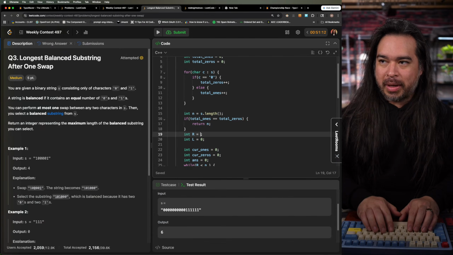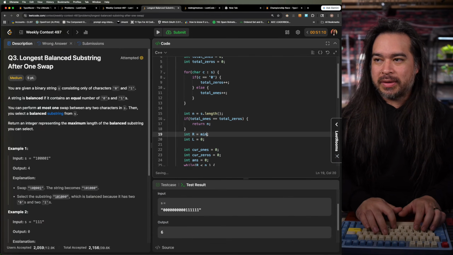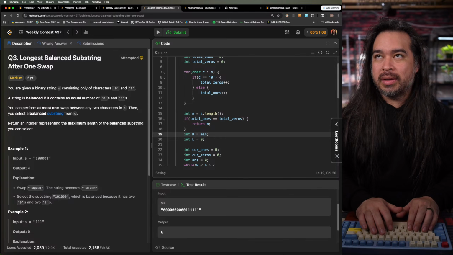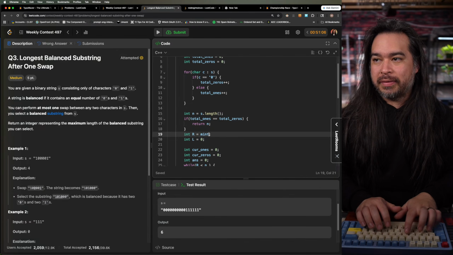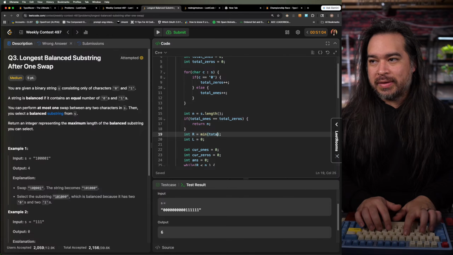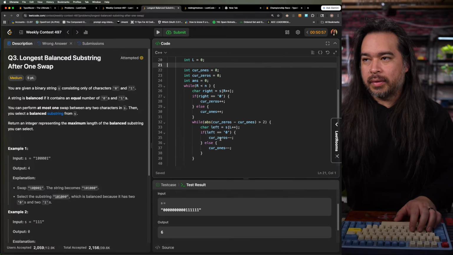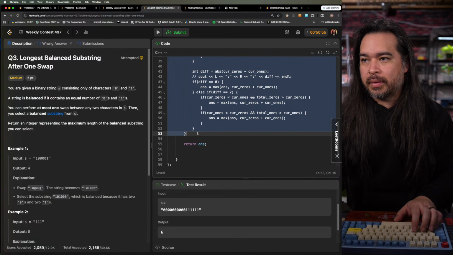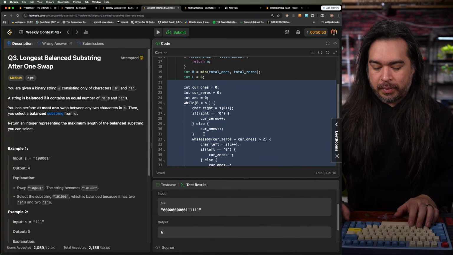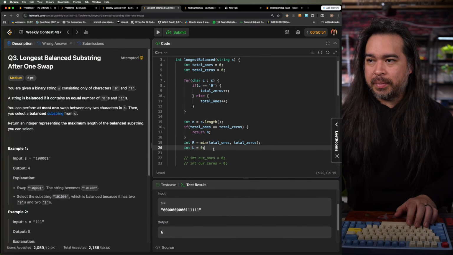Alright, so my binary search here. I'm gonna say the right is going to be the min of the ones and zeros. I'm gonna just comment that out for now.